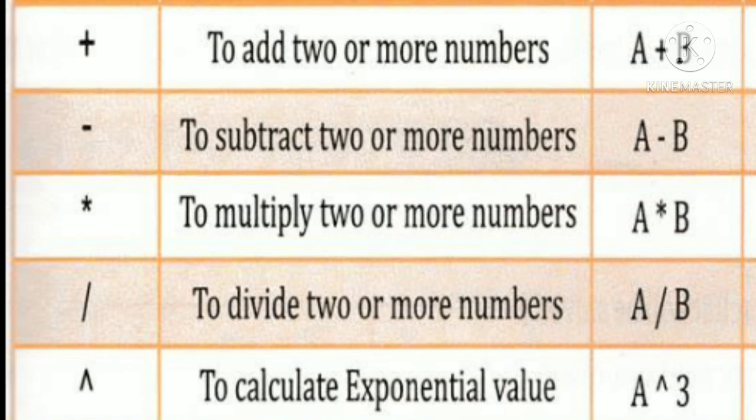Then we can give subtraction, symbol used, that is subtraction that we normally use, and in syntax that is a minus b. In multiplication, we use the asterisk or star sign, and the syntax is simply a asterisk b. In division, we use the forward slash, and the syntax is again a forward slash b.